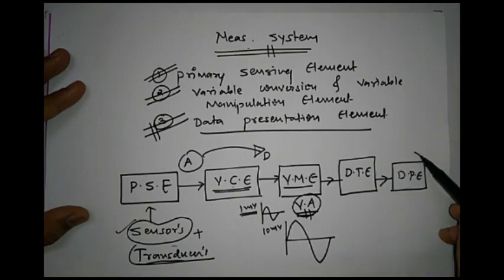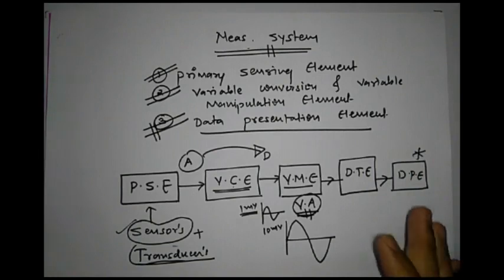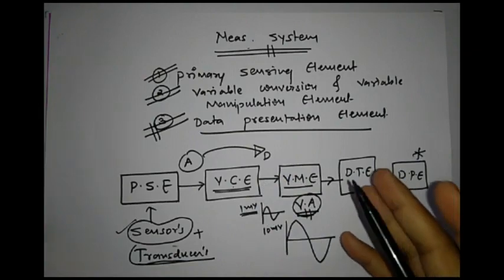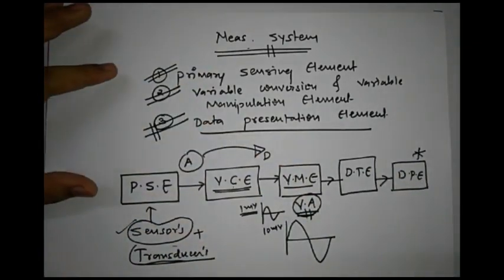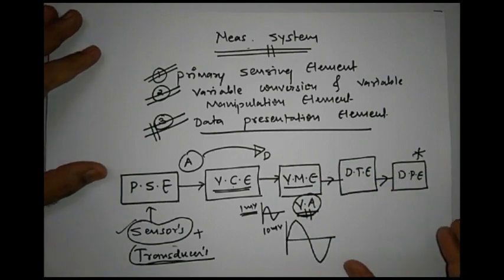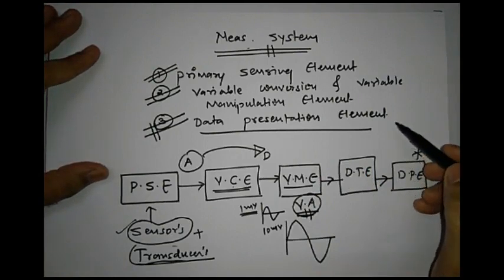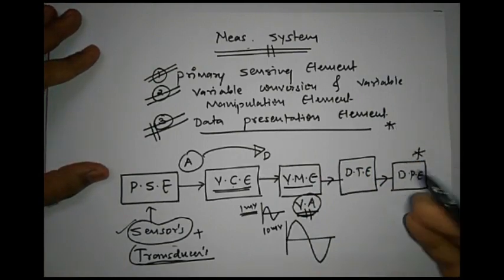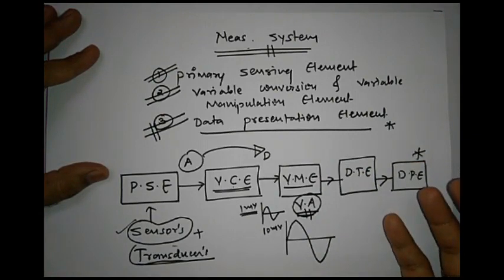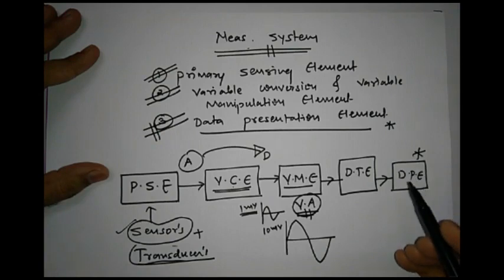Now, what is the use of the data presentation element? The data presentation element basically deals with display methodology. For example, if you are trying to measure the value of an unknown quantity with the help of a given instrument, the objective of the data presentation element is to present the value in such a way that it must be readable by an observer, or it must be understood by the next stage of any measurement system.